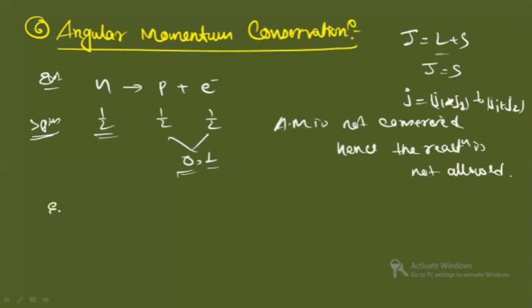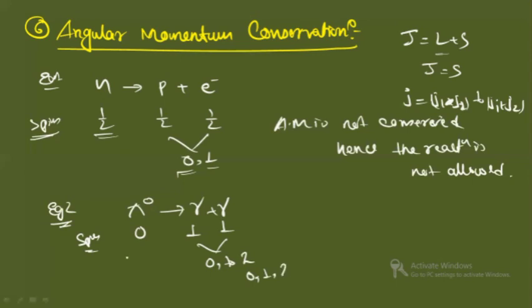Clear? Next, example 2. This is a meson, and this is gamma plus gamma. You know for a meson the spin is 0, and for gamma the spin is 1 and 1. So 1 minus 1 is 0, and 1 plus 1 is 2, so here it will be 0, 1 and 2.